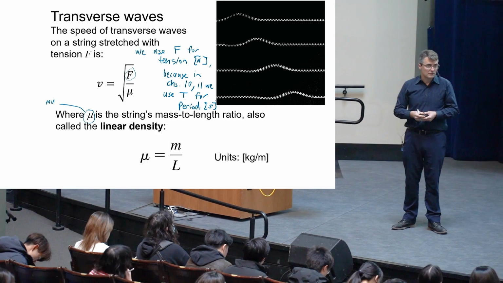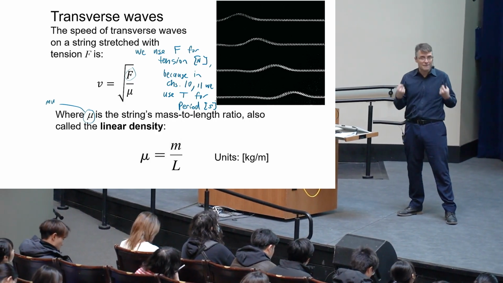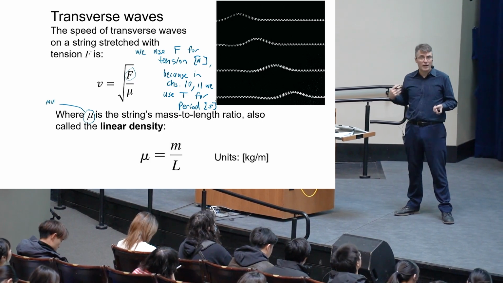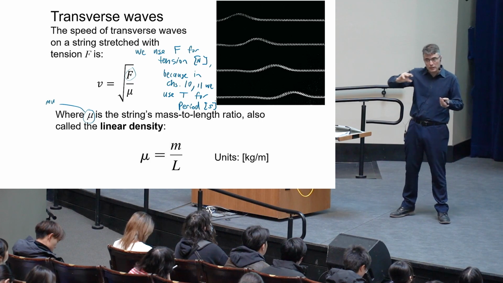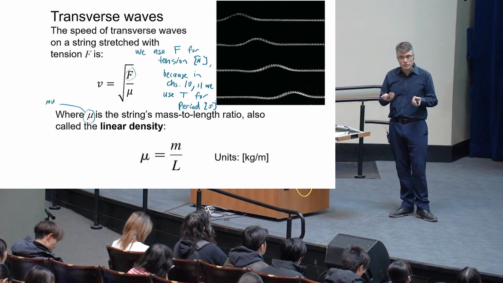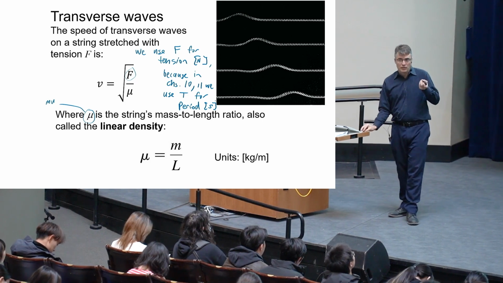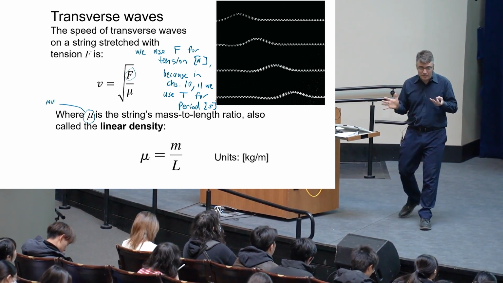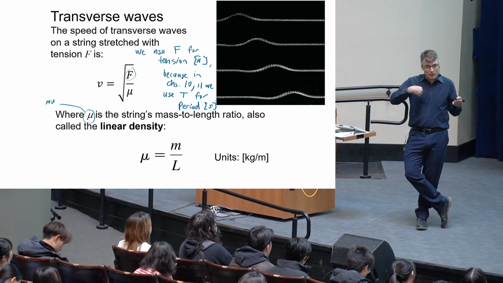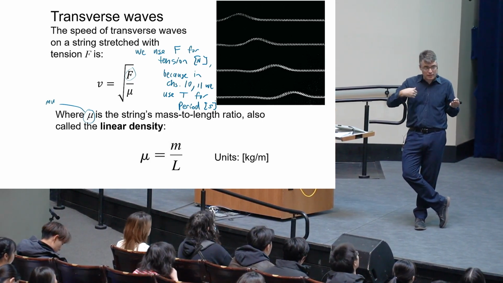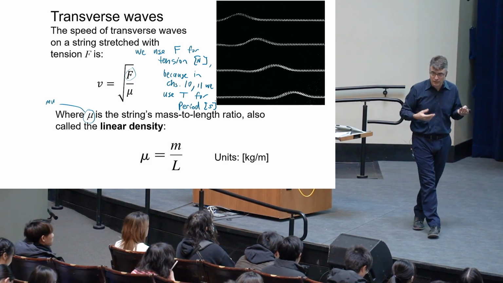So that's good. The more you stretch the string, the more force you pull on it, the faster the waves travel on it. And the thicker the string is, the more mass per unit length, the slower waves go on it. Another good way of remembering this, if you play a stringed instrument, is that the pitch of the string is related to the speed that waves are bouncing back and forth, because you're creating standing waves there.